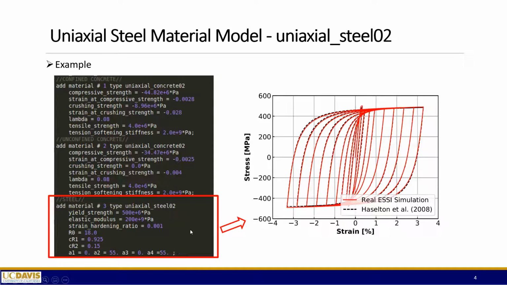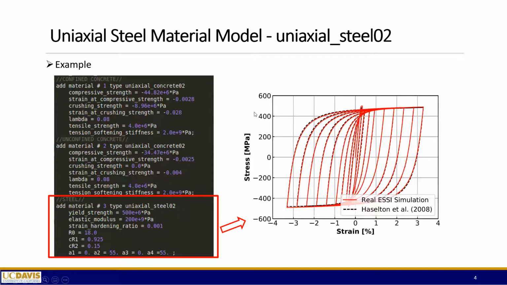Here is the definition of the steel material. It's the same format I showed on the last page. You have the yield strength and the elastic modulus, which are given by your physical test or from your manufacturer. You put those values here, and then these are the additional material parameters. As you can see, we are using the recommended values for this case.